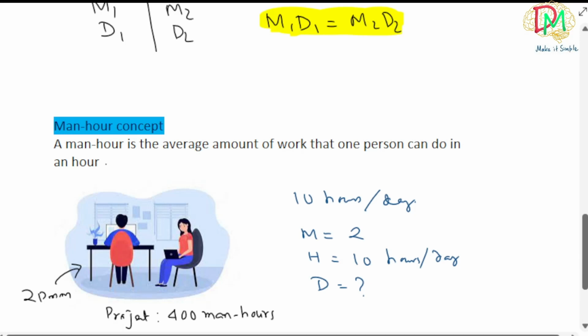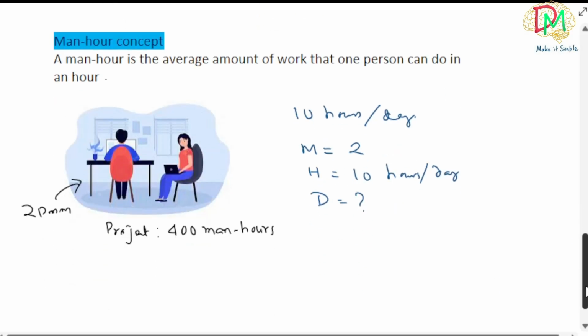How many days are required to complete this project by these two persons? We can determine it easily from the man hours and their daily working hours. So here the man hours is 400.